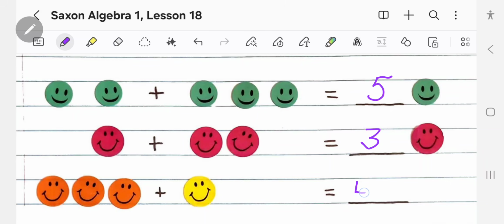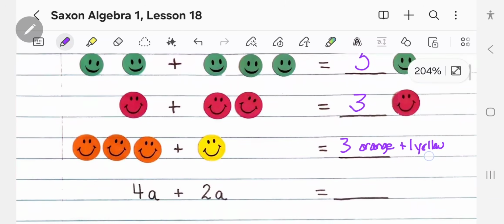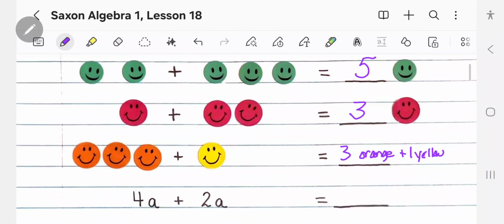I would say 3 orange, right? I would have 3 orange smiley faces plus 1 yellow. I really can't simplify that anymore unless I dropped the color names and just said 4 smiley faces. So that idea is what you need to understand as we go into like terms.